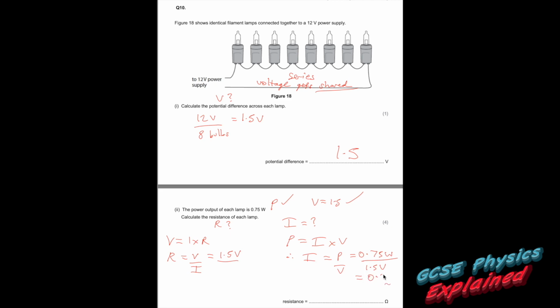So that's half an amp. So let's pop that over here. So that's 1.5 over a half, which is 3 ohms. And that's why they're giving you 4 marks instead of just 3 for the calculation, because it's got 2 steps to it.